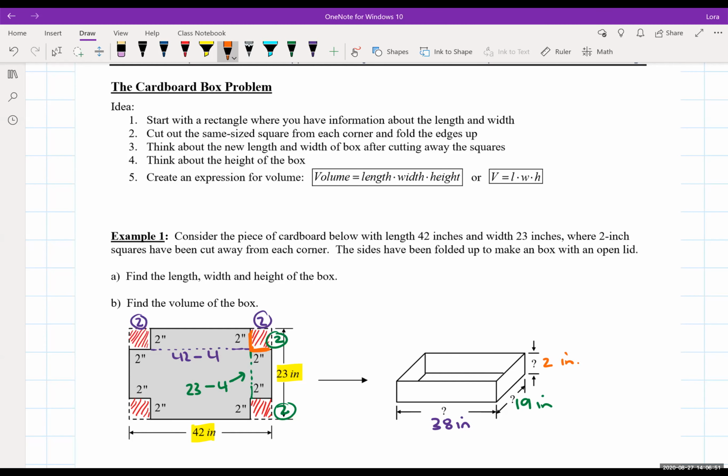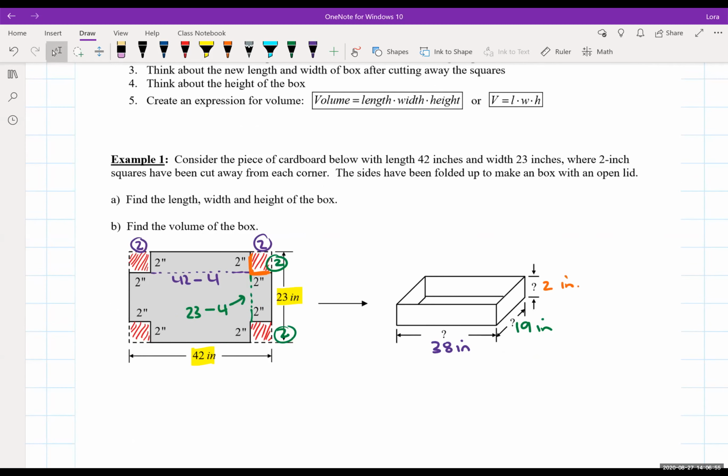And so you'll start to see the pattern of this. Once you understand the length, the width, and the height of this new box, you can automatically go into volume. For volume, we have a formula: length times width times height. We can fill this in. Length is 38 inches, width is 19 inches, and height is 2 inches.